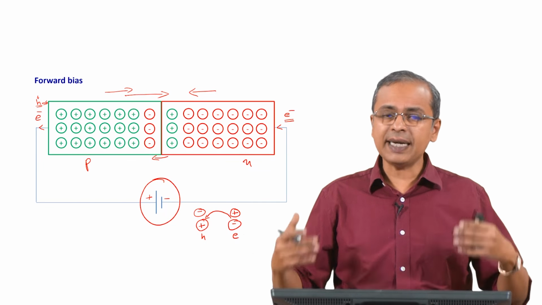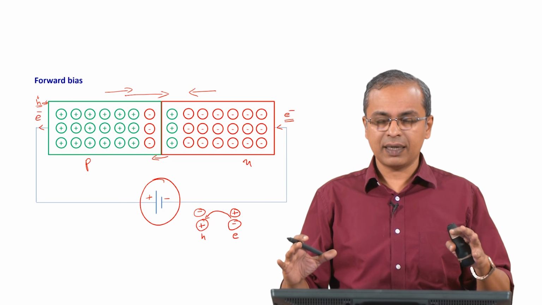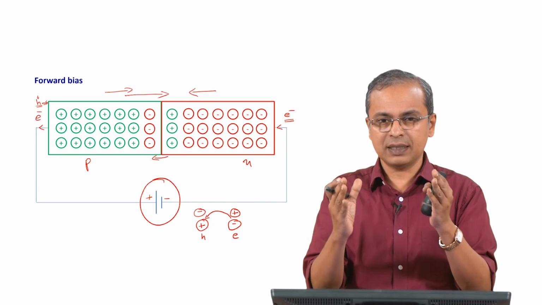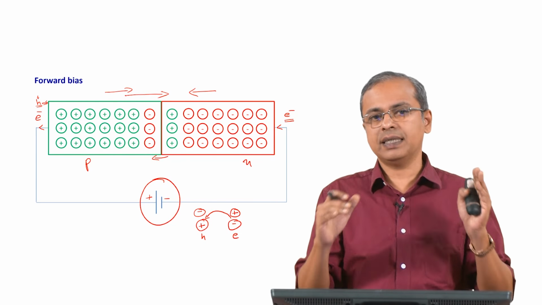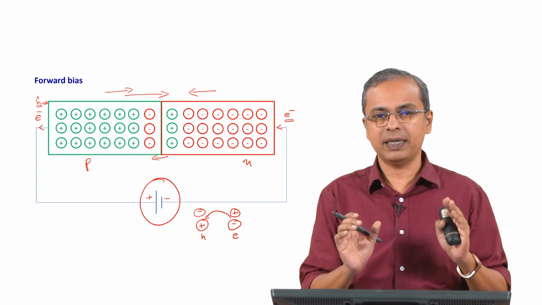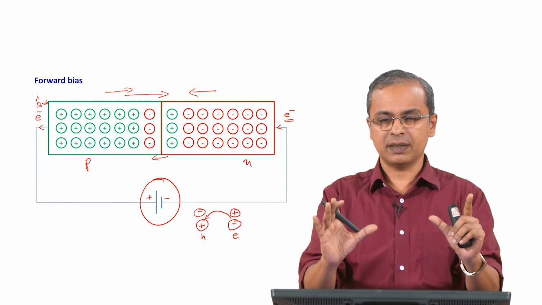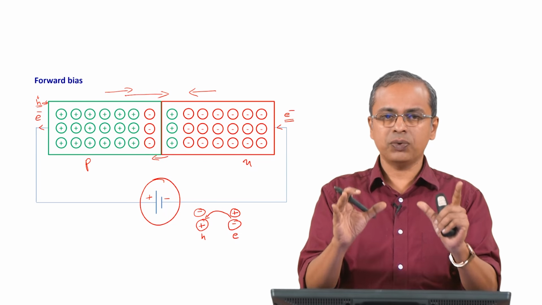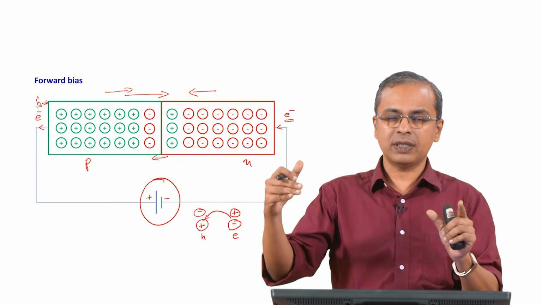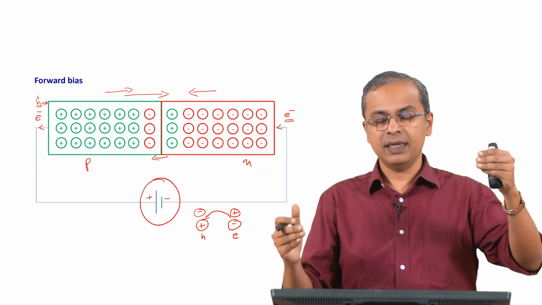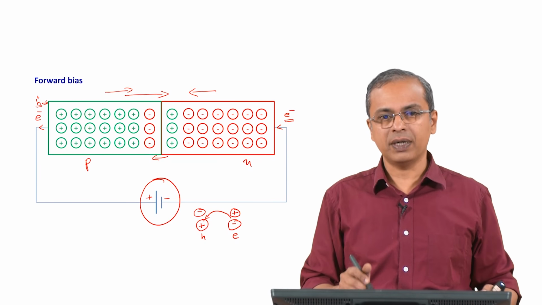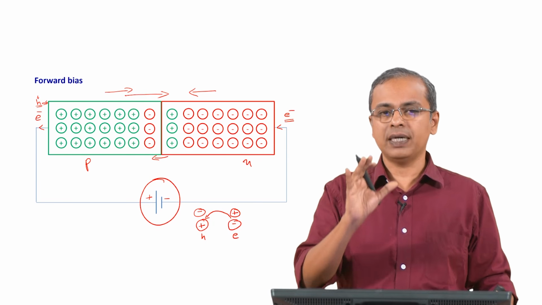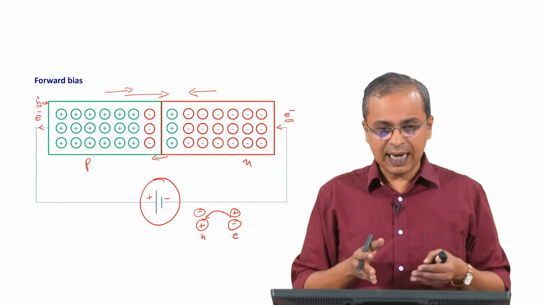Initially you have a PN junction sitting there, and because the junction is formed, you had the space charge region, the depletion region, develop as soon as you made your PN junction. That is your starting point. From this starting point, if you do anything to the sample which creates more electrons on the N side and more holes on the P side, you have essentially created a situation similar to what you are seeing on your screen, which is a forward bias. So, that is the point I wanted you to keep in mind. It does not have to be through a battery.